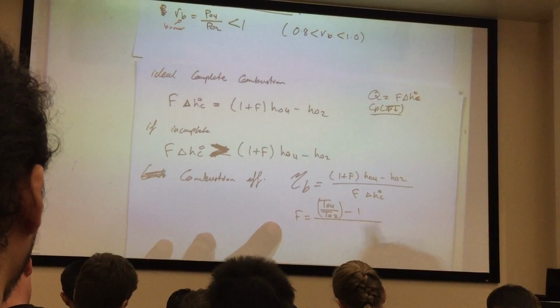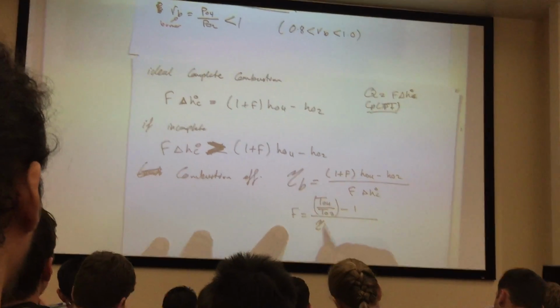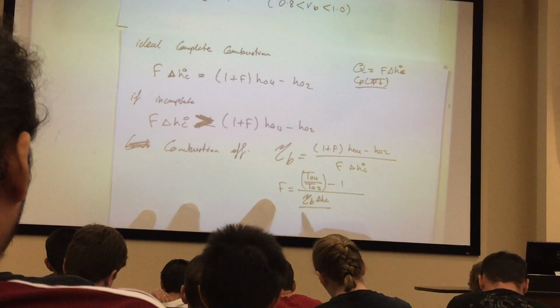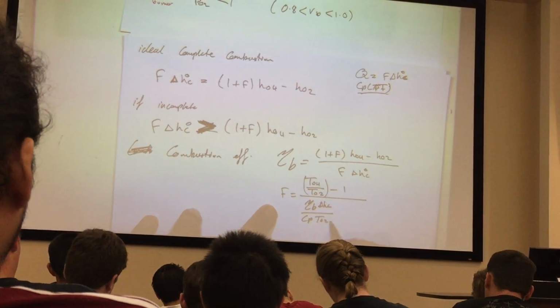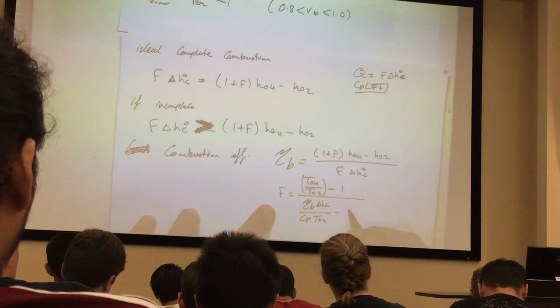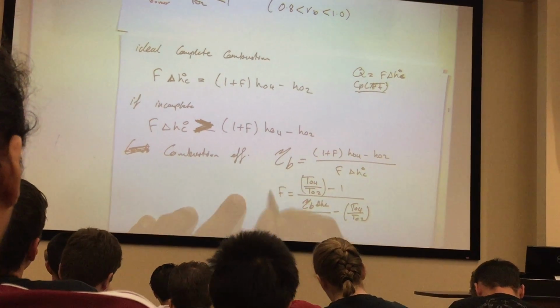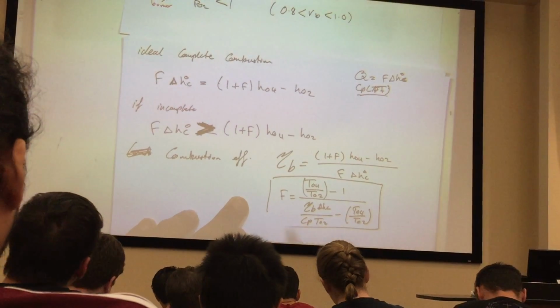This is an equation that we've written before. H LHV, Cp delta, T02 minus T04 over T. So exactly the same equation we had before.